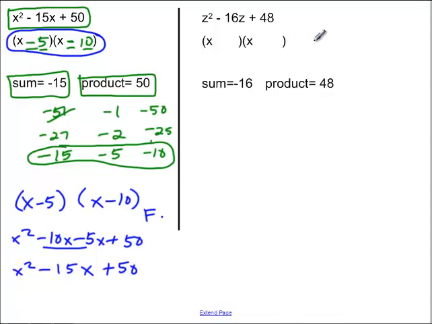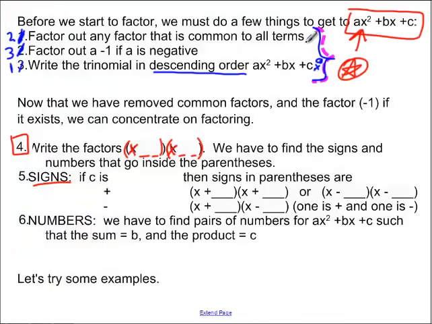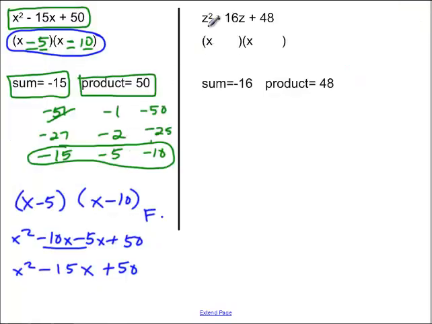Step number 2, factor out any greatest common factor from all the terms. Step number 3, and this is on the previous slide, factor out a -1 if it's negative. And then step number 4, write the factors. 5, find the signs. 6, find the numbers. So take a look at that, go back if you need, and then come back to this one and we'll go from there.